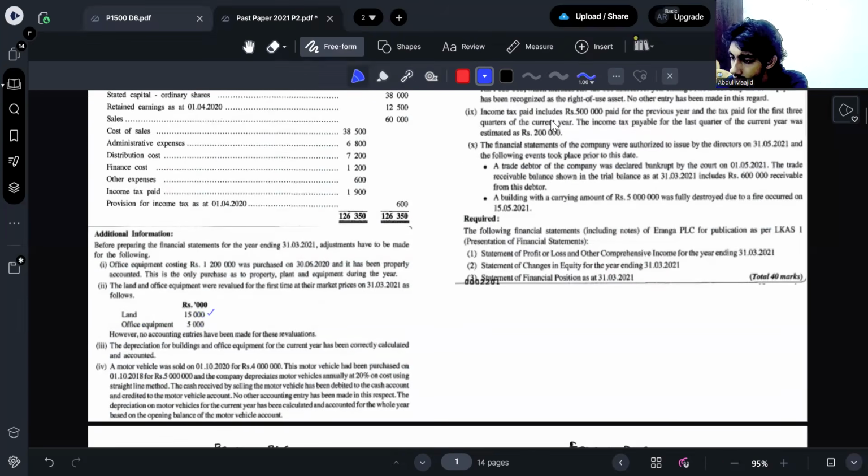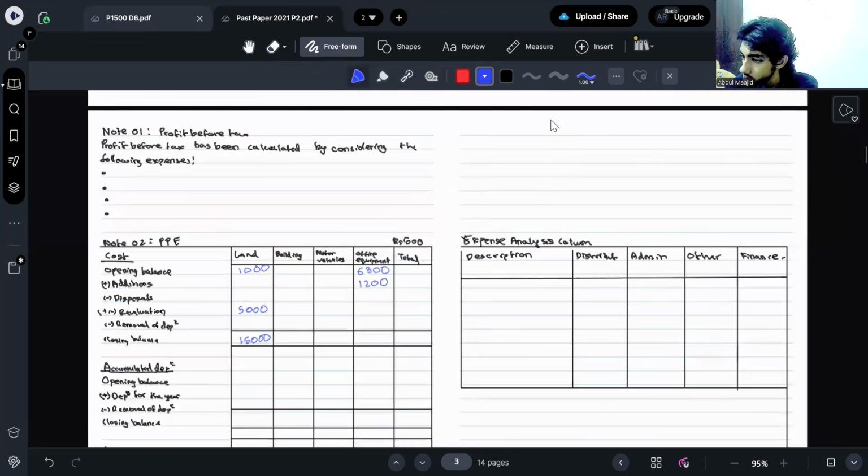The land and office equipment were revalued for the first time on 31st March 2021. Office equipment 5,000. Okay. Office equipment is revalued to 5,000. So you can write the closing balance as 5,000.